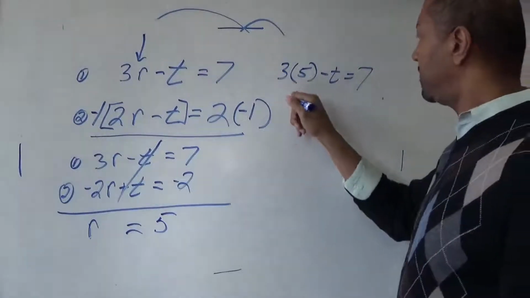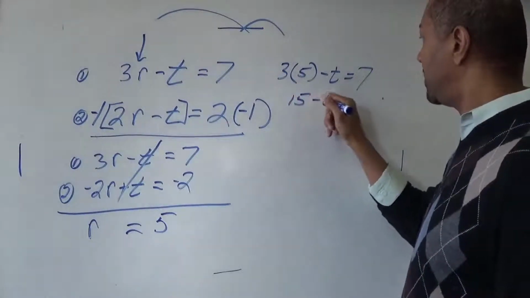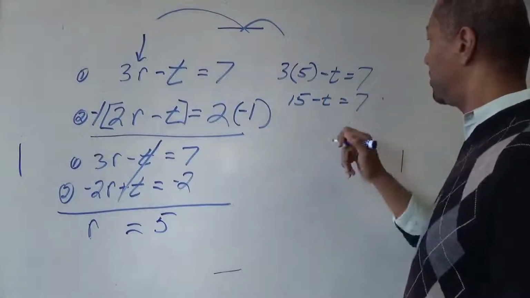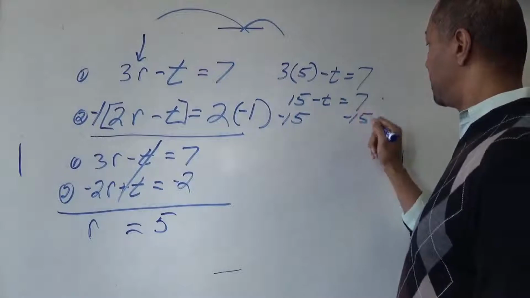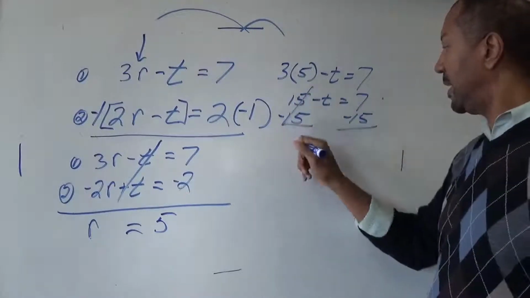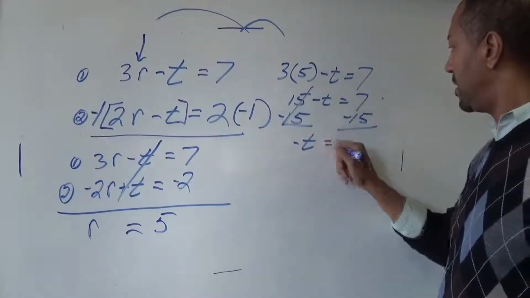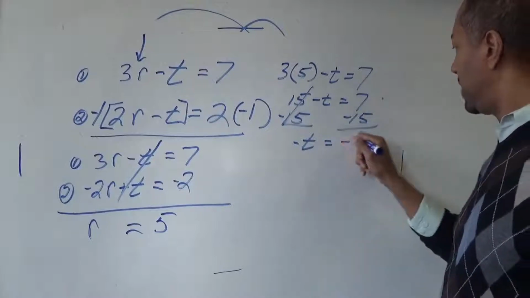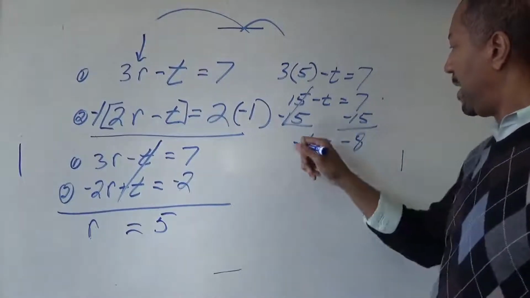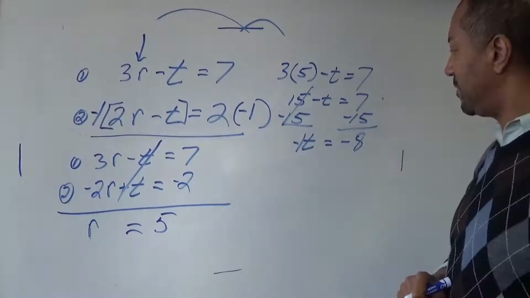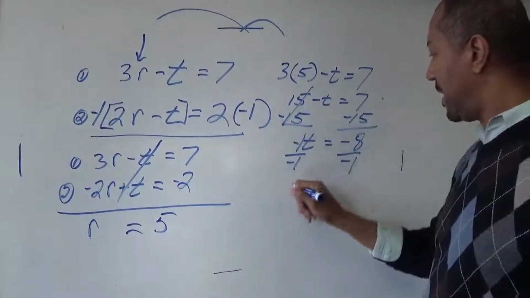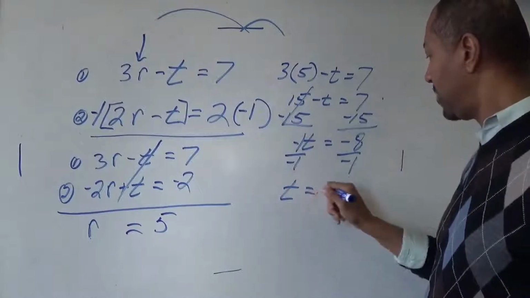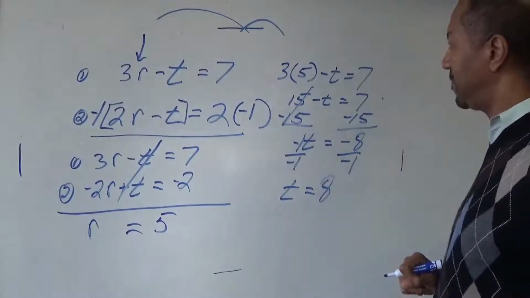So there's 15 minus t equals 7. Subtract 15 from both sides. That leaves me with negative t is equal to negative 8. And because this is a negative 1, I'll divide by negative 1. And now t is equal to a positive 8.